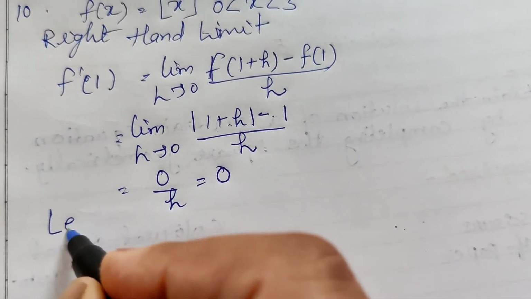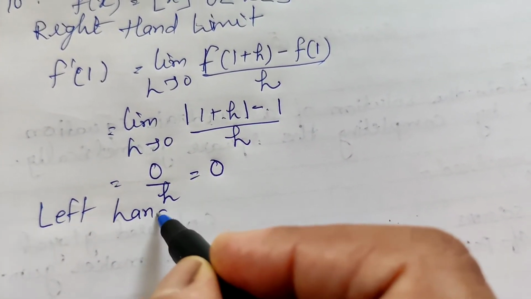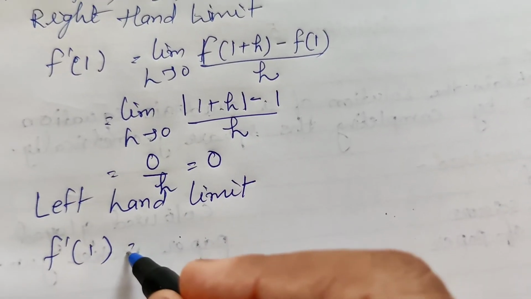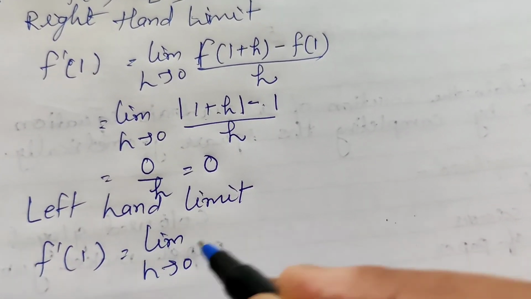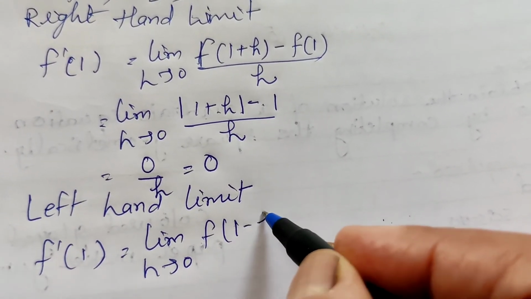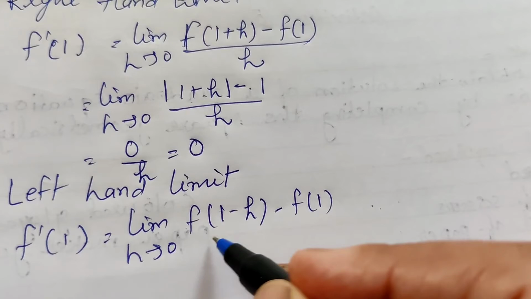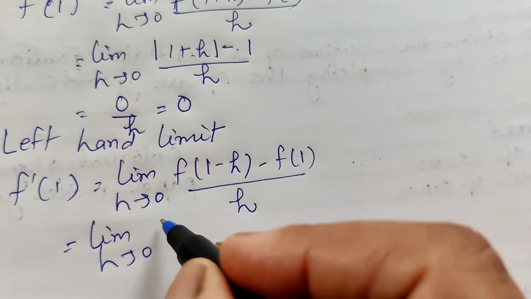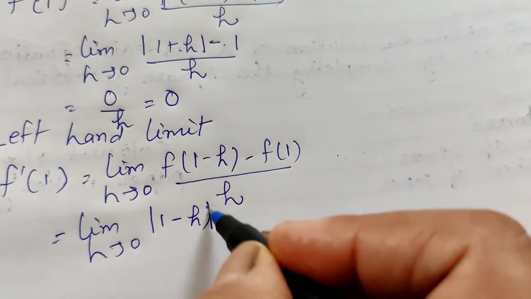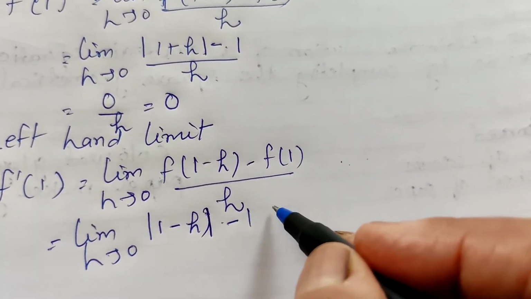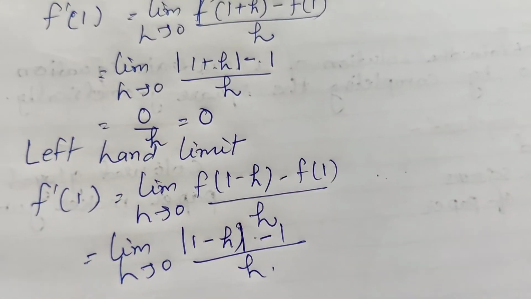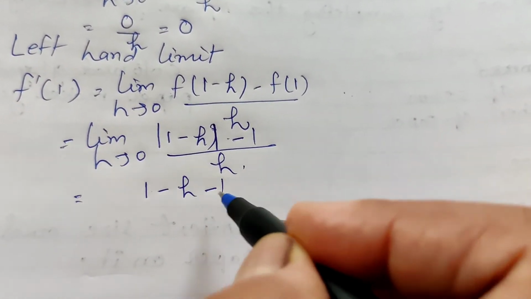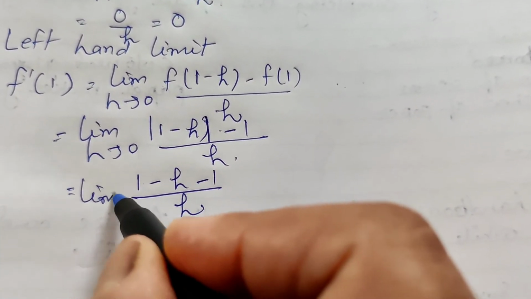And the left hand limit, limit h tends to 0 of the function 1 minus h, so we can write the function 1 minus h minus 1 by h.